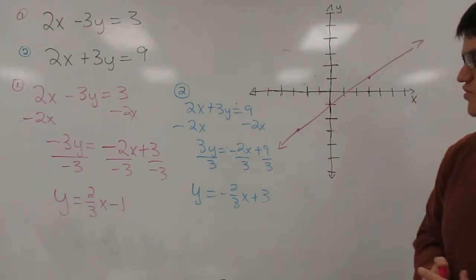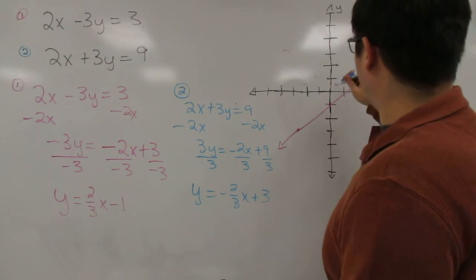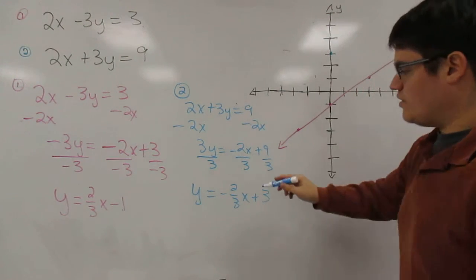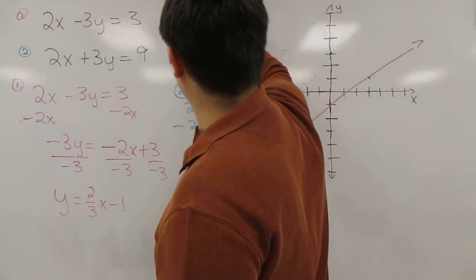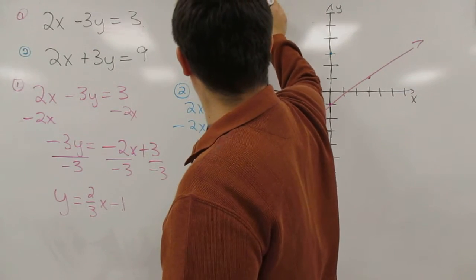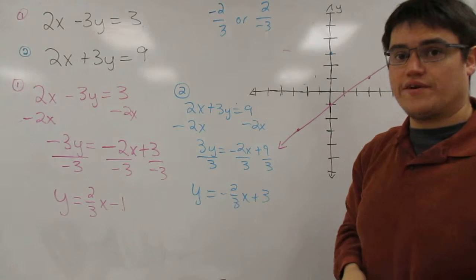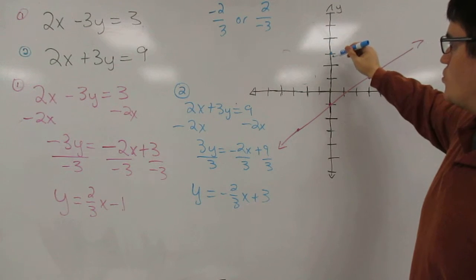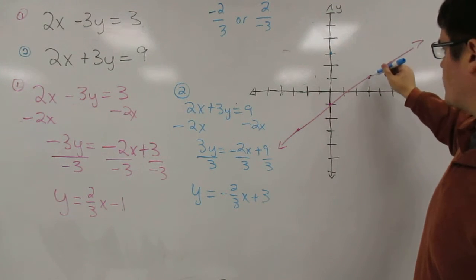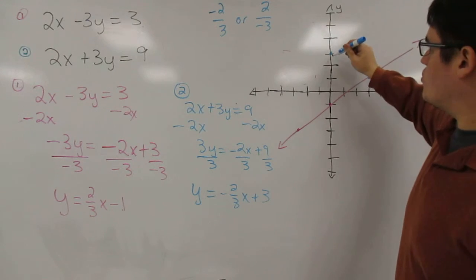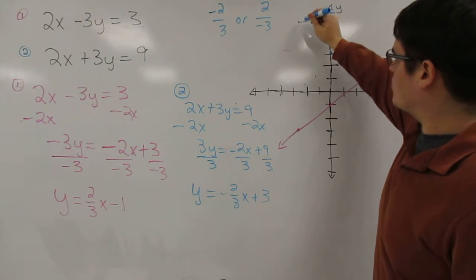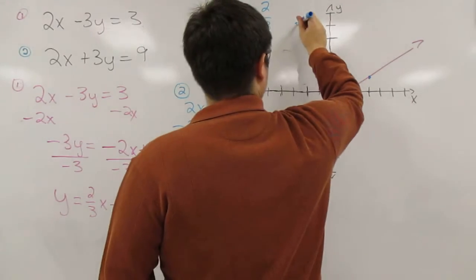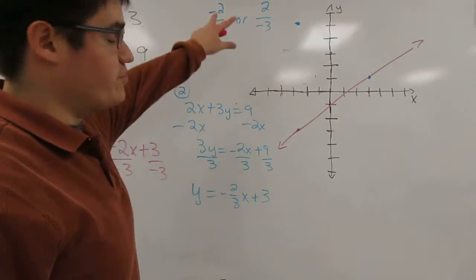Okay, now I can graph this one. Go up 3, then -2/3. Remember, it's either this or that when you're graphing. So I could go down 2, over 3, or I could go up 2, over -3. Okay, hopefully this makes sense to you.